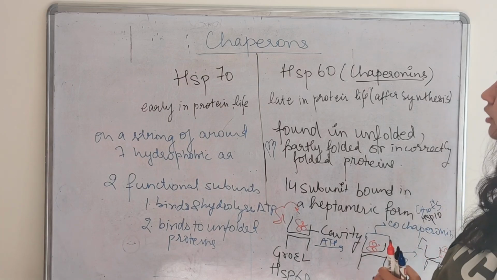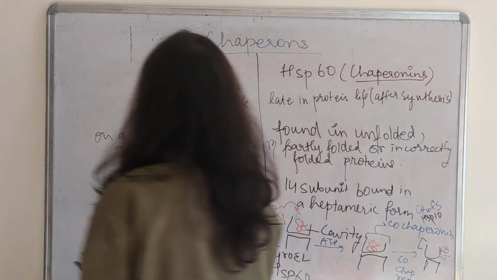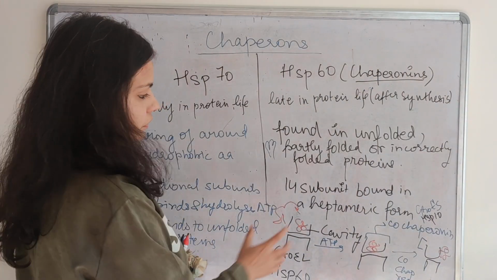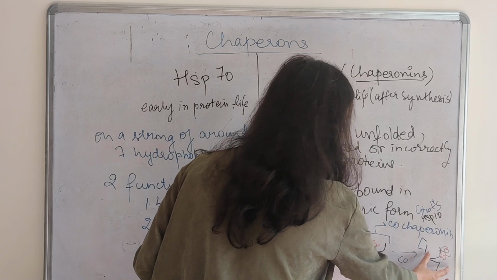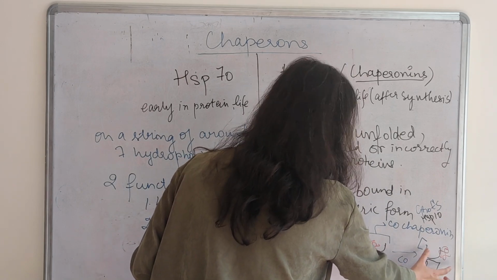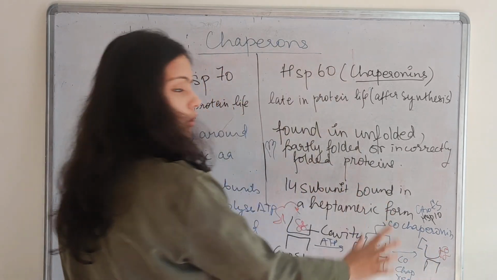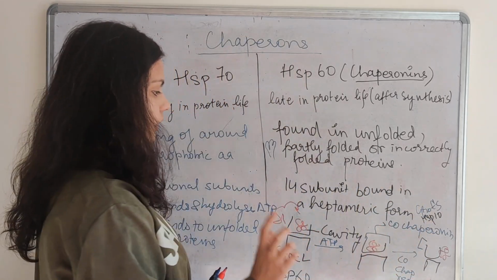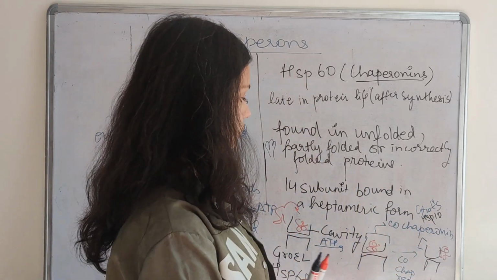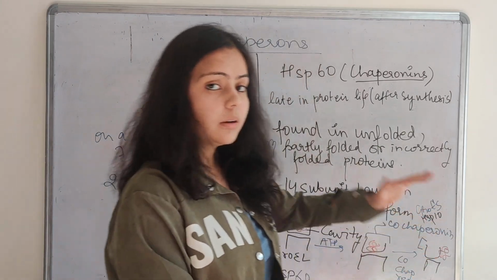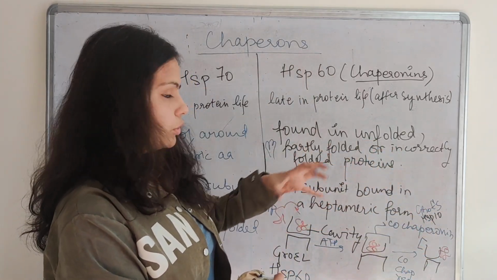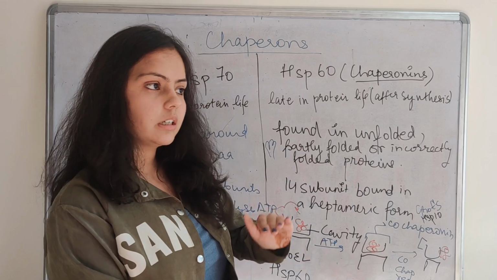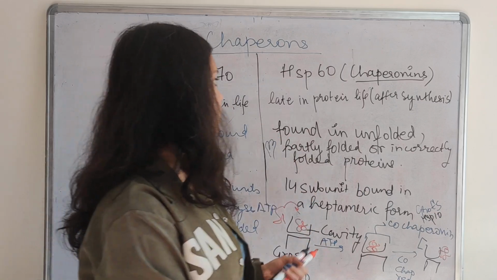So this is all about chaperons. When this GroEL or HSP60 becomes free, again an unfolded protein can come into this cavity, again ATP comes, again the co-chaperonin, GroES or HSP10, caps it, and the protein becomes completely folded, and again it gets removed. So that is how it works.